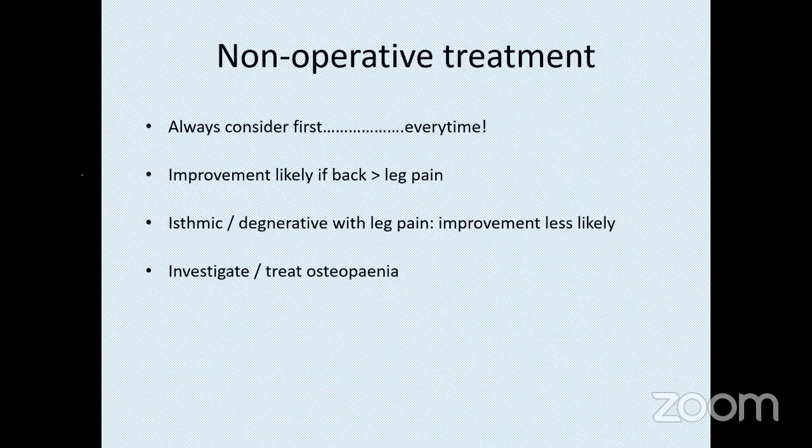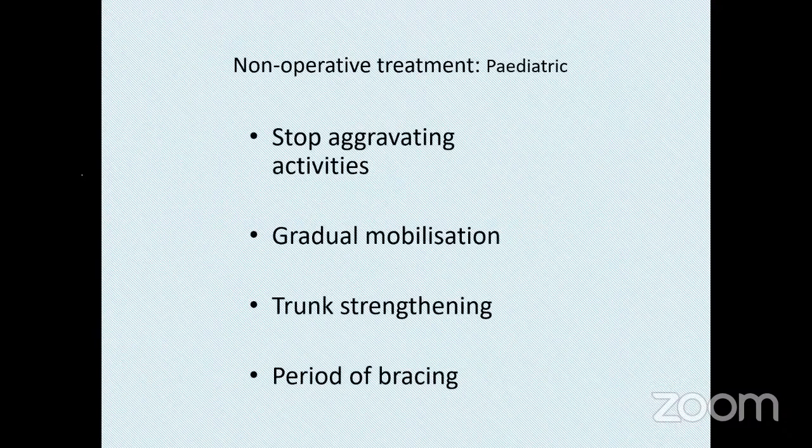So in any case, we start with non-operative treatment. These are meant for people who are not very symptomatic, whose pain is not getting aggravated, and who have no neurological symptoms at presentation.